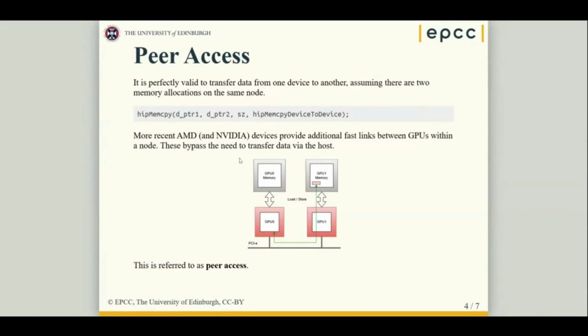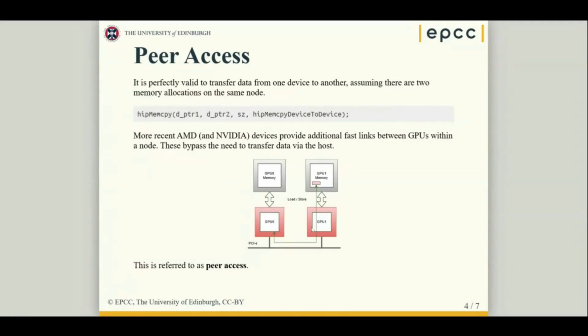Also explained here is the concept of peer access. You see that in this example, we have 2 GPUs, GPU 0, GPU 1, and you have 2 GPU memories. The memory here belongs to the GPU 0, and the GPU 1 has a different memory here.